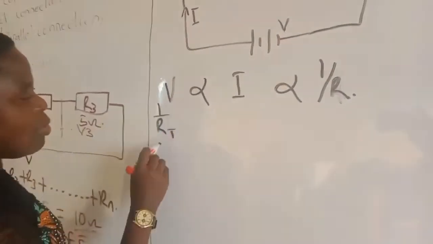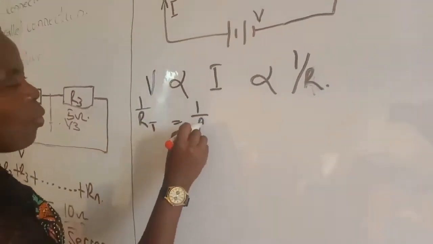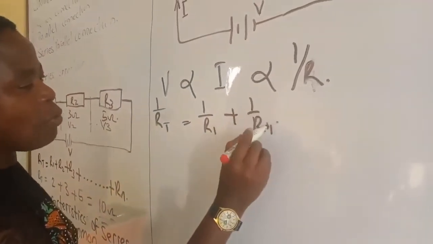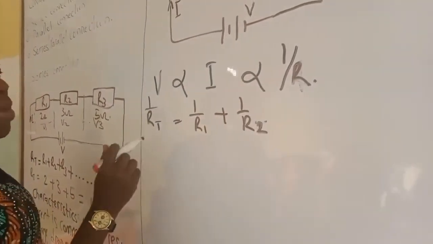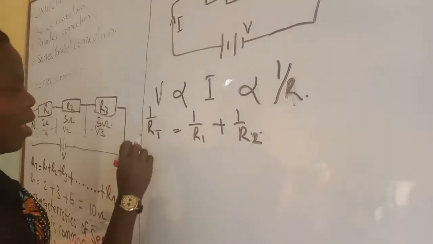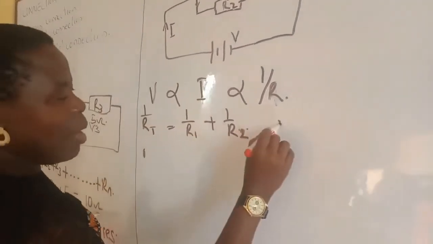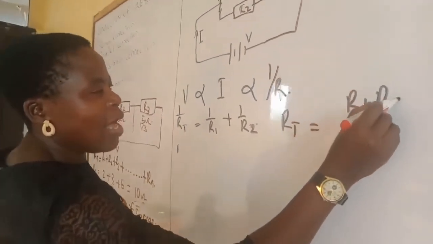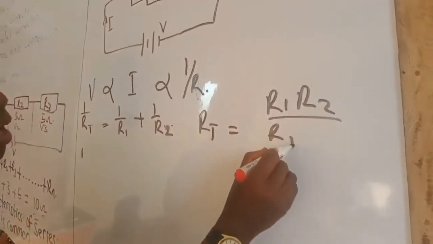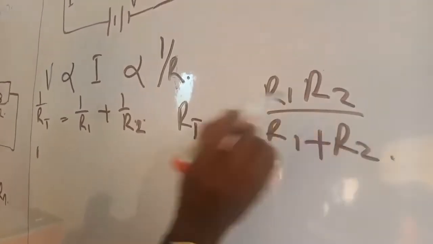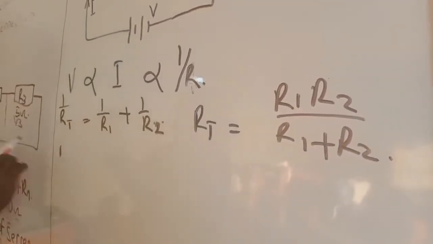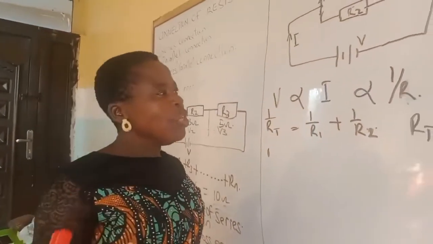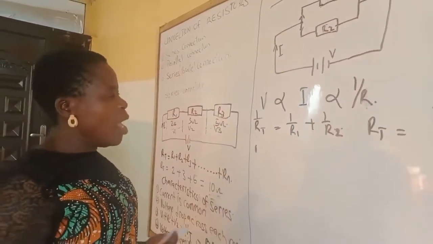So our 1 over RT is equal to 1 over R1 plus 1 over R2. So invariably, when we want to do it, we see that reciprocal is what we are doing here, but by the time we simplify, our RT will be equal to R1 times R2 divided by R1 plus R2. That is the total resistance. Unlike the series circuit where you add the resistances 1, 2, 3, 4 as the case may be.